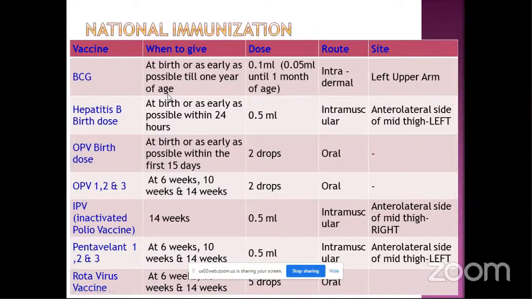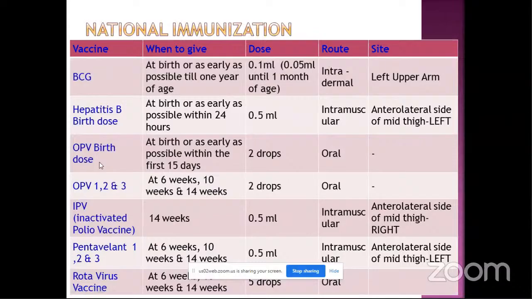If a child of 7 months comes to you with no vaccination, you start with BCG and carry on with the other vaccinations. The dose is 0.1 ml after 1 month, and 0.05 ml before 1 month, given intradermally in the left upper arm. Hepatitis B has to be given at birth or as early as possible, within 24 hours. It is 0.5 ml IM, in the anterolateral aspect of the mid thigh.